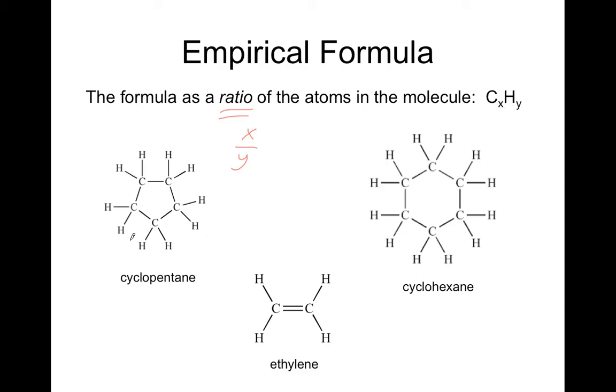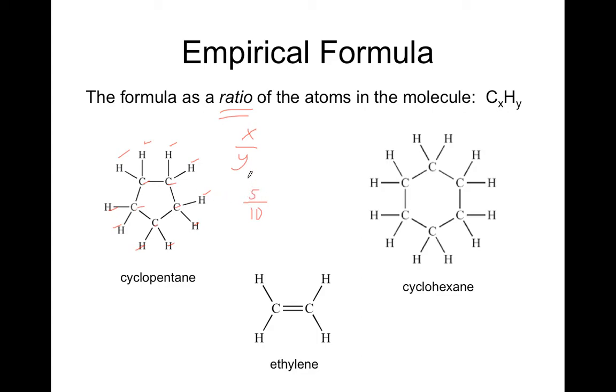So what is the ratio of x to y in cyclopentane? It looks like here I've got 1, 2, 3, 4, 5, 6, 7, 8, 9, 10, and here I've got 1, 2, 3, 4, 5.